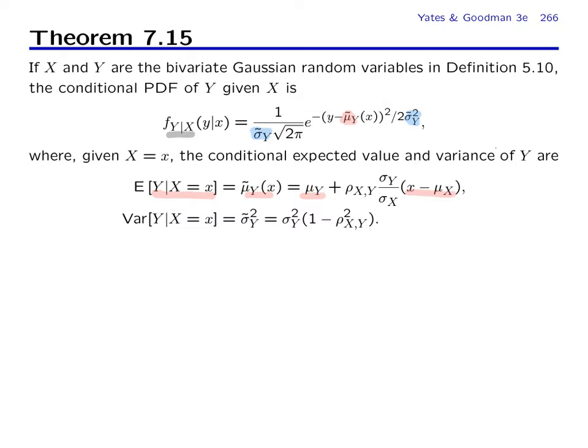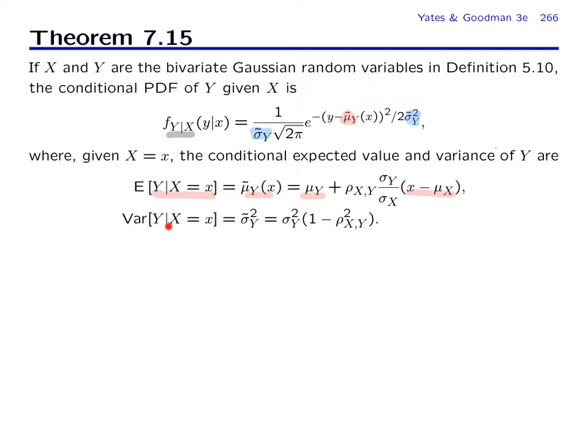The other new term here is the sigma y tilde squared, the new variance of y given x equals x. This is in fact what we defined earlier as the conditional variance of y given x equals x. We use this tilde notation for it, and it also has a very simple form, but simpler even than for the conditional expected value.